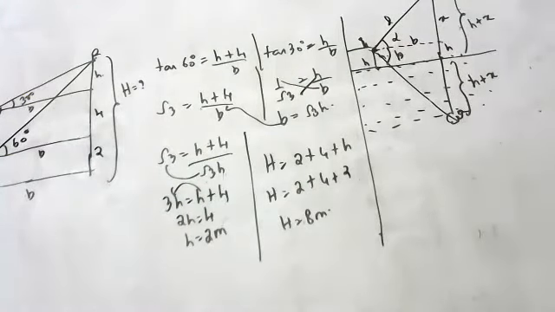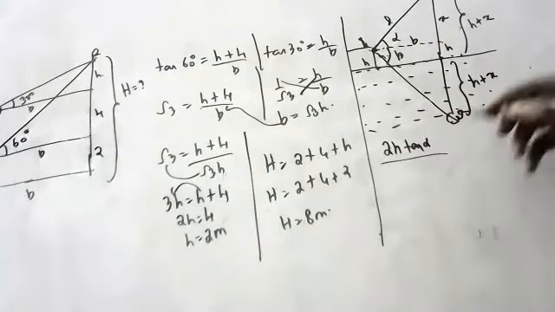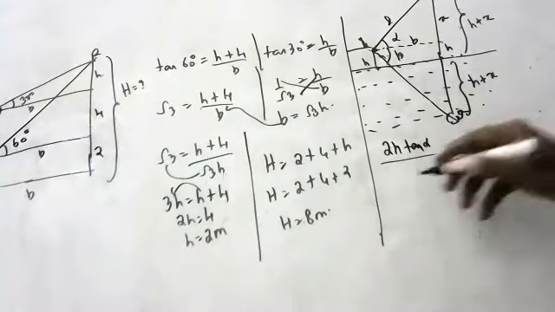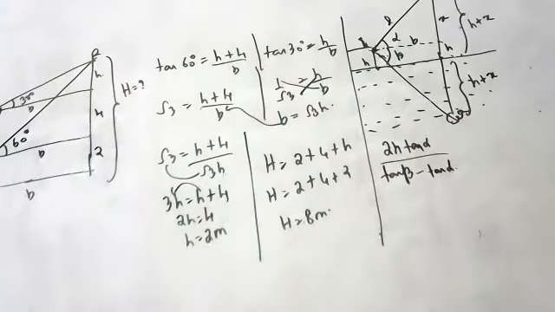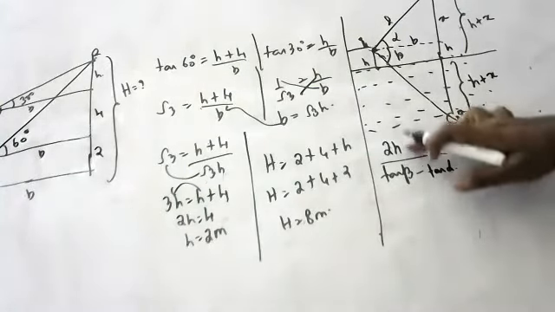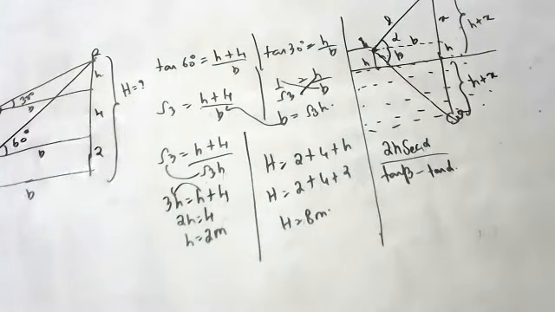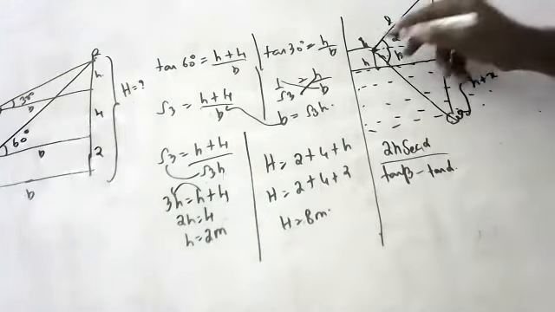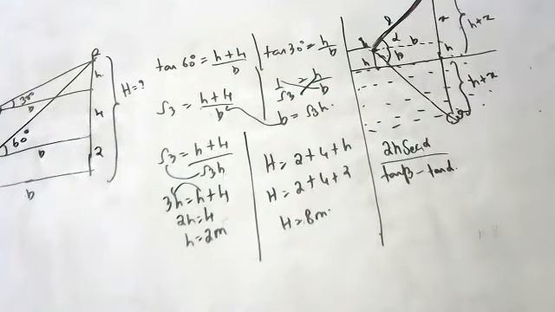He's asking us to prove it as 2h tan alpha by tan beta minus tan alpha. But this should not be the question, children. According to my knowledge, this should be secant alpha. Then you will get it. If it is tan alpha, you won't get it, because in tan, nowhere is the hypotenuse used.